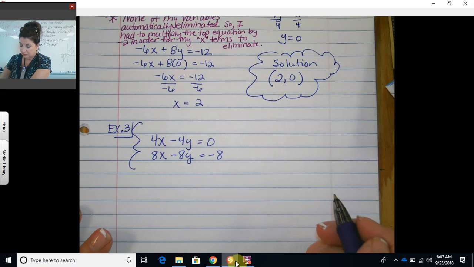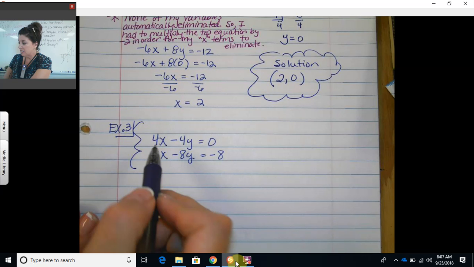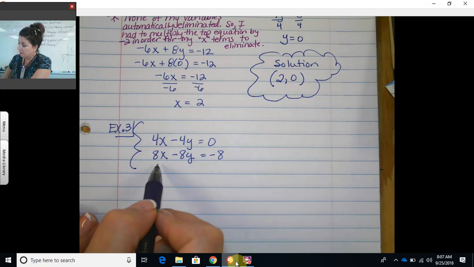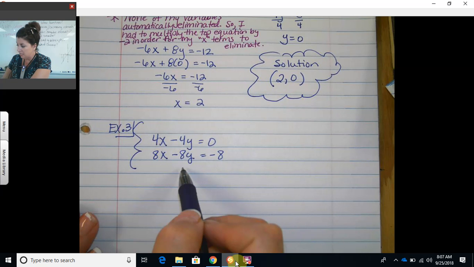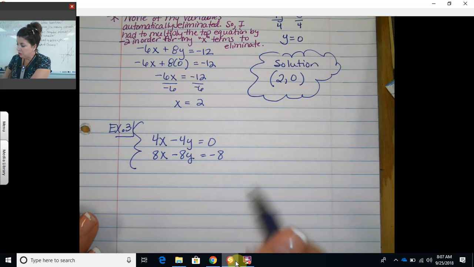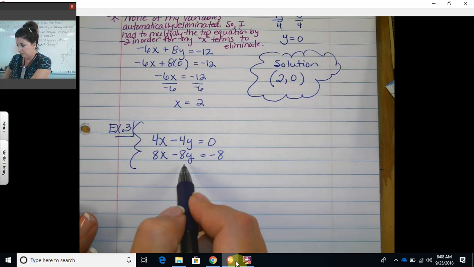Okay, are either of these terms going to cancel automatically? No. If I want my x's to cancel, I would multiply the top equation by what? -2, because -2 times 4x makes -8x, which will cancel with +8x. If I want my y's to eliminate, I would multiply the top equation by -2, because -2 times -4y would give me a +8y, which would eliminate with a -8y, correct? So either way, I've got to multiply by -2.